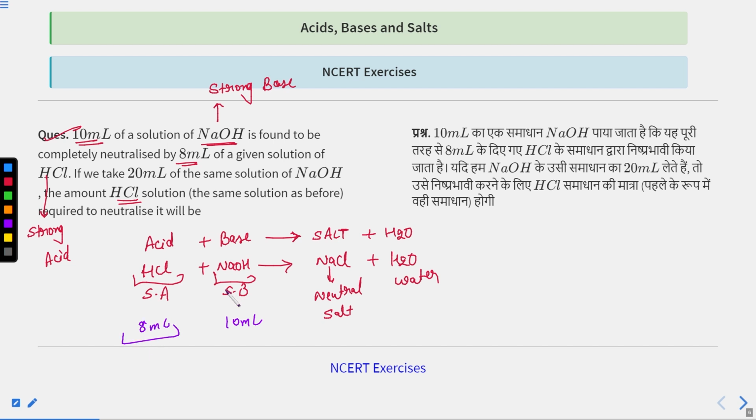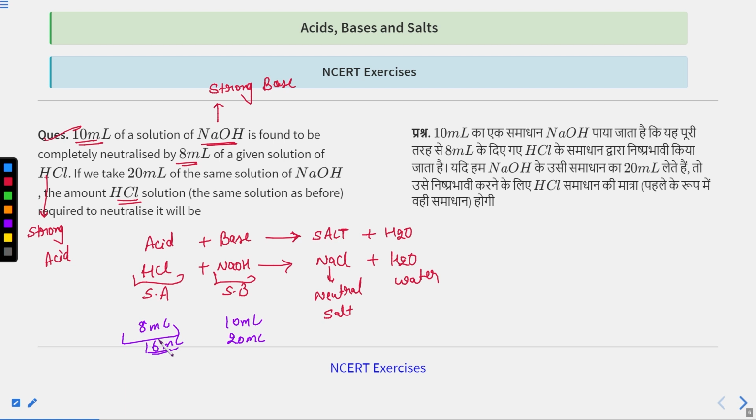So if I double the volume of NaOH to 20 ml this time, the volume of HCl required will also double. It means we need 16 ml of HCl solution. If we triple it, we need triple the amount of HCl.